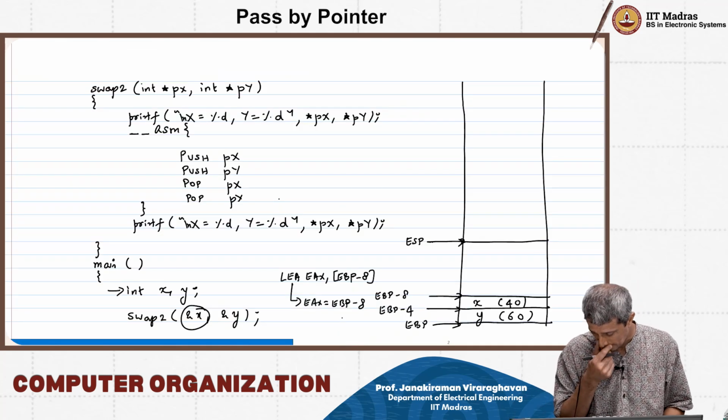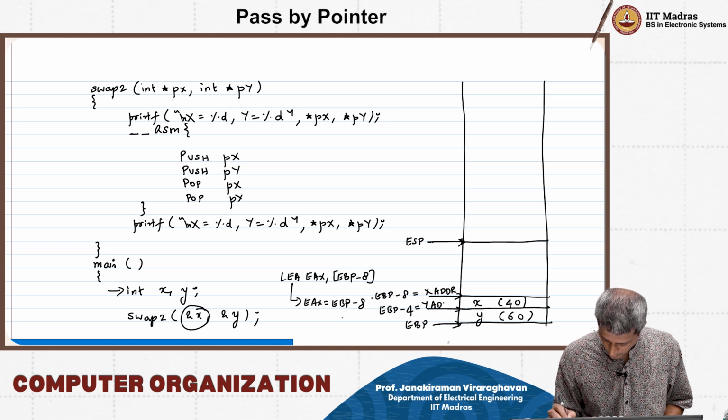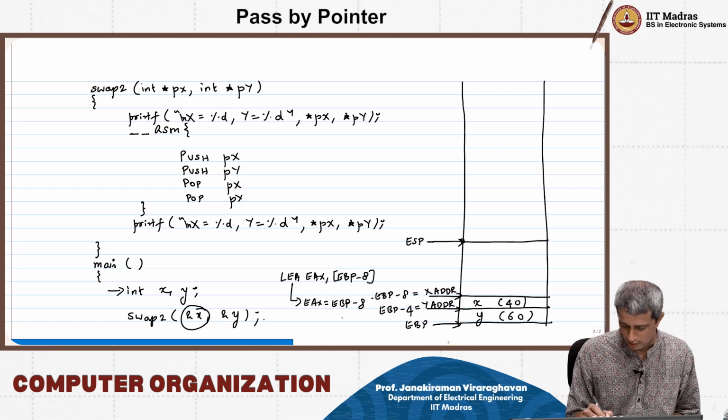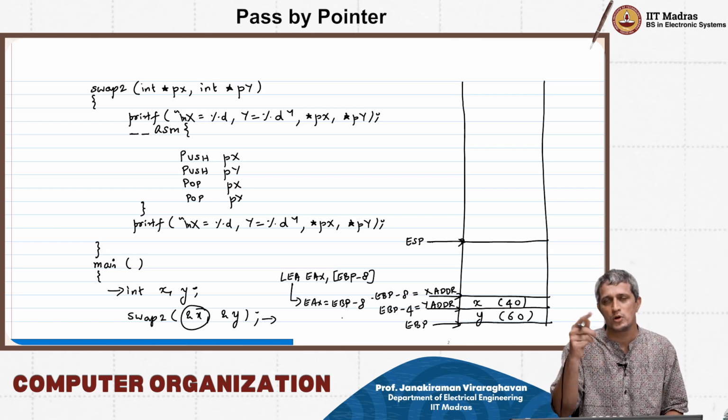So therefore, let us say this address, I will call this X address, some value, okay, not the bracket. This I am going to call Y address. Okay, so now what you do, this call here will translate to, after doing the LEA, you will push the registers EDX and EAX, right?